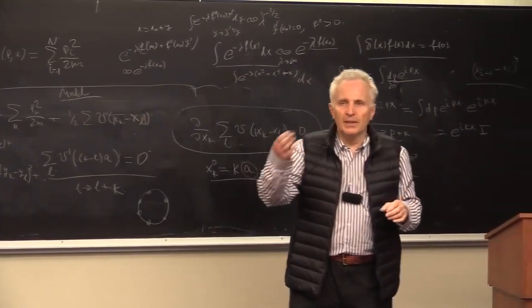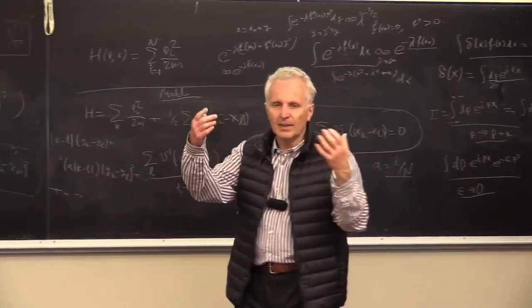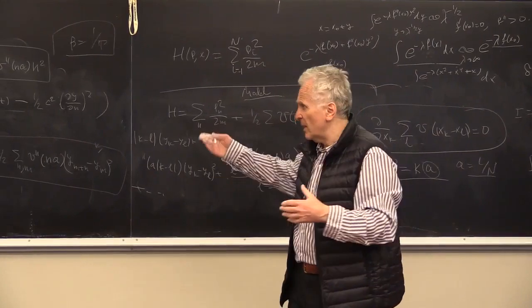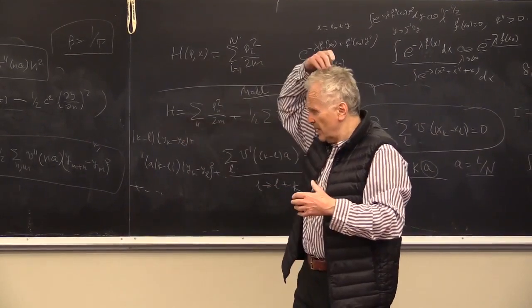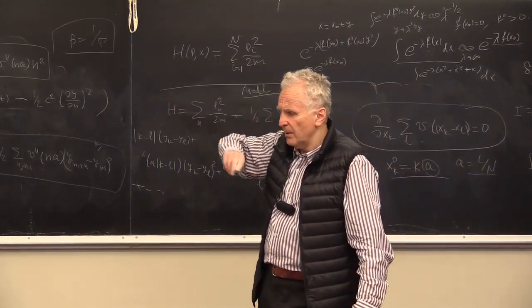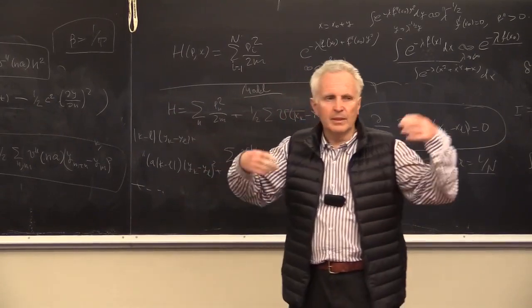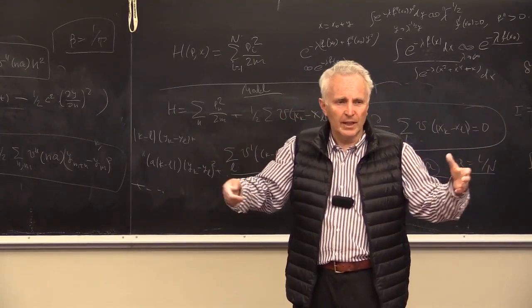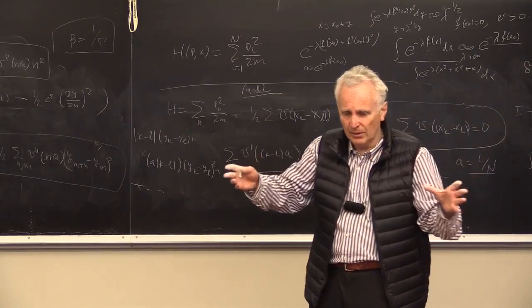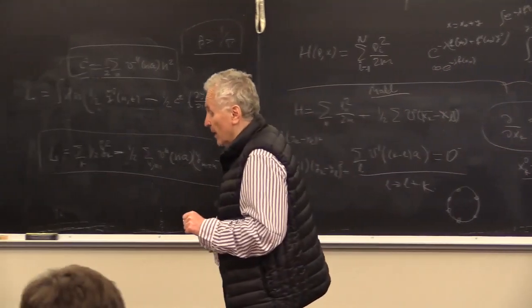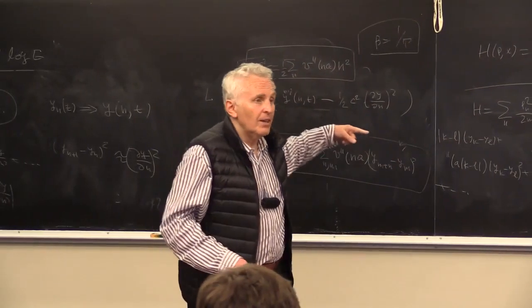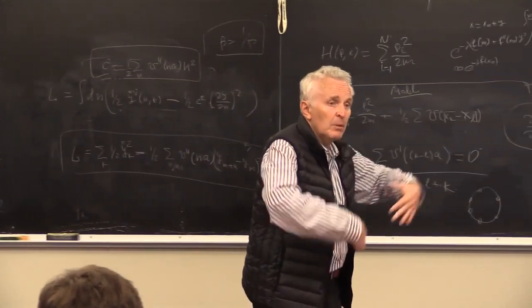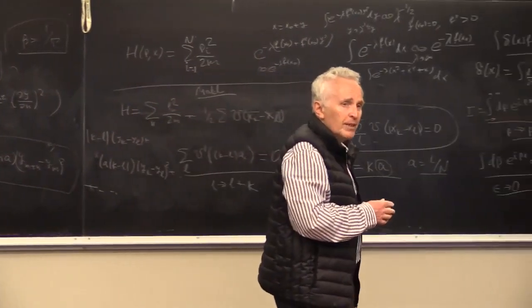Imaginary speed of sound. I'm running slightly ahead of myself, but it's okay. You know that a sound wave is some sine or cosine of a certain expression. When you put an imaginary value inside this sine and cosine, they blow up, they become hyperbolic sine and cosine.